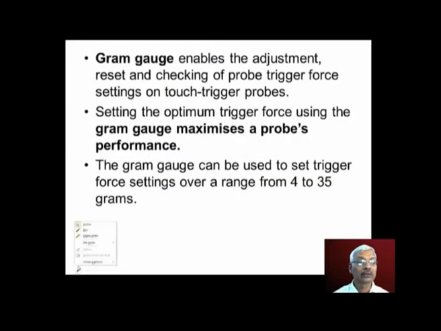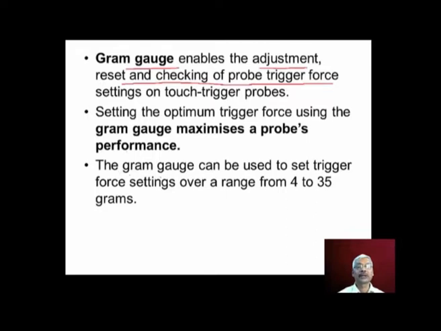We can always use a gram gauge for adjustment, reset and checking of probe trigger force settings on touch trigger probes. Setting the optimum trigger force using the gram gauge maximizes a probe's performance.